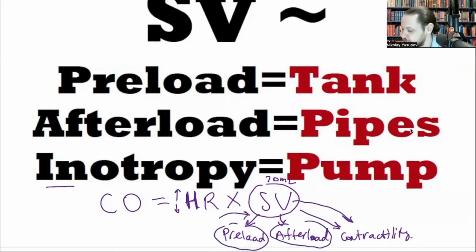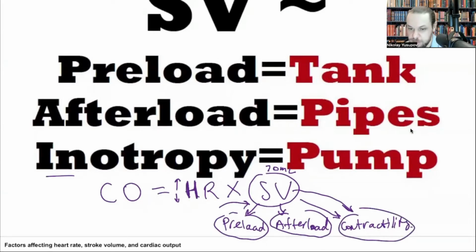I could give an example for every single one of them. Let's say you got someone with a massive heart attack, and their pump is affected. So their contractility is down. The pump is not pumping so well. So if contractility is down, your stroke volume goes down.